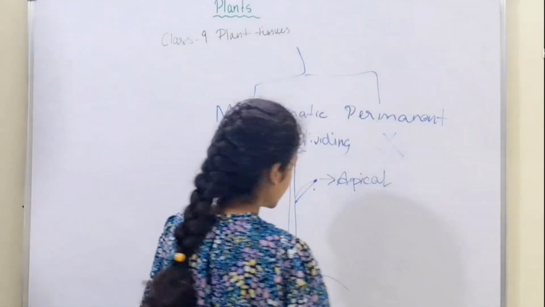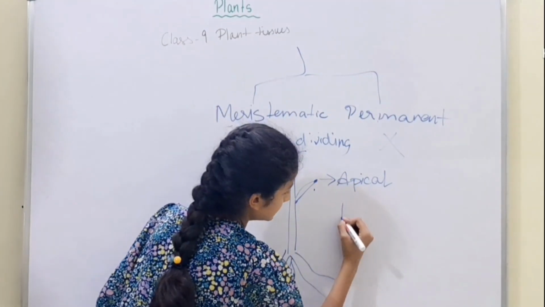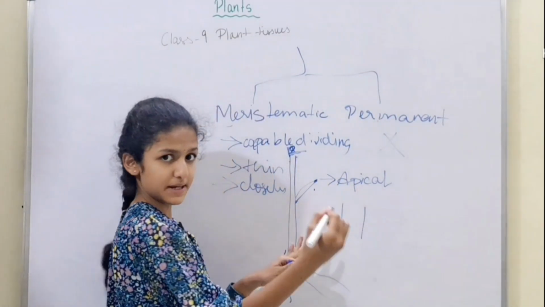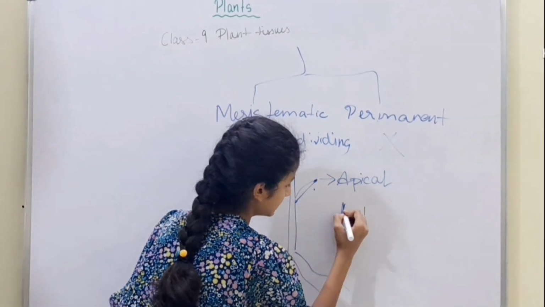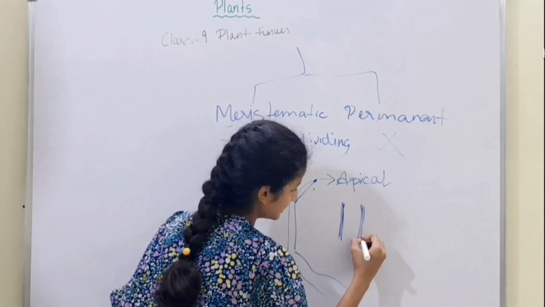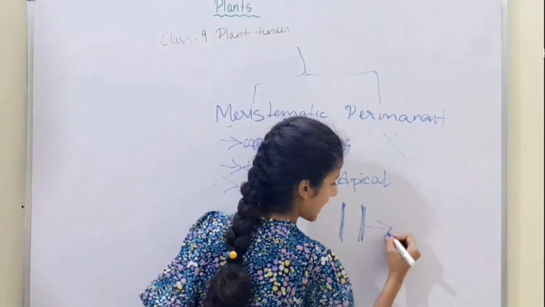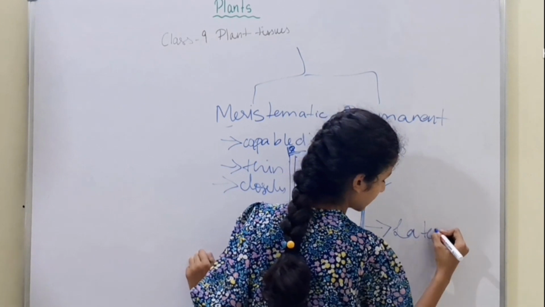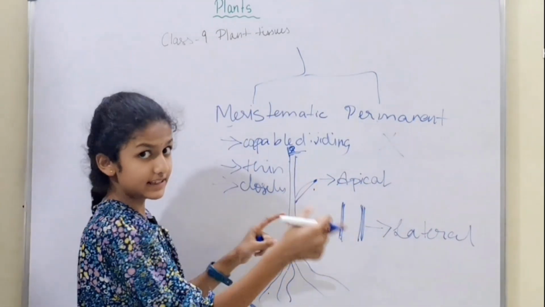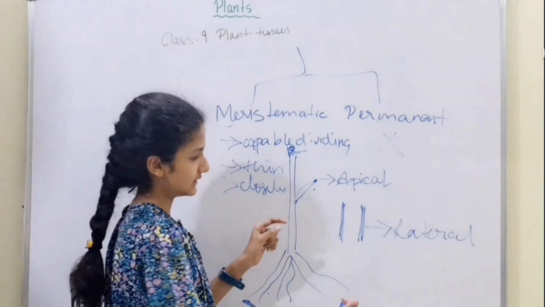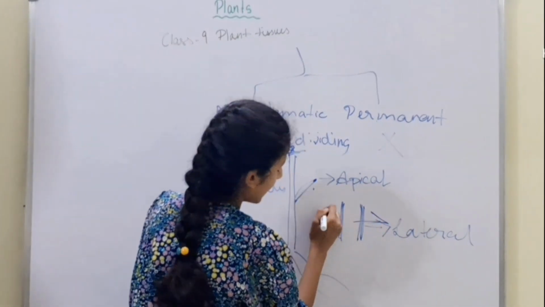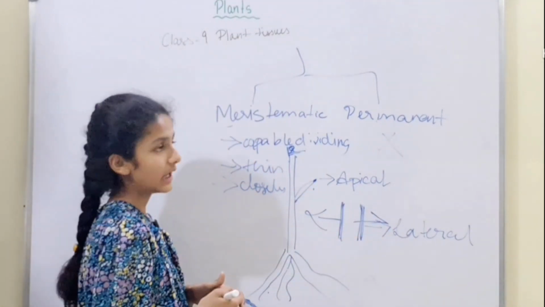If you take this stem, it is present along the sides of the stem, root, etc. If this increases, then the width will increase. It is the secondary growth.